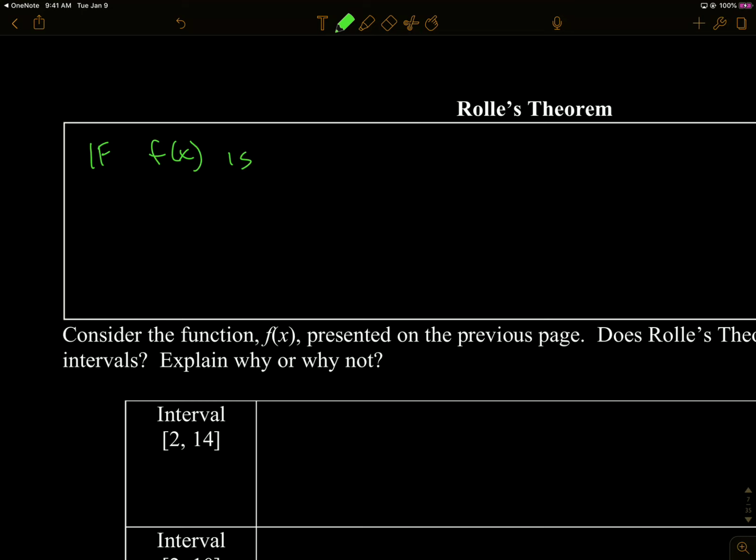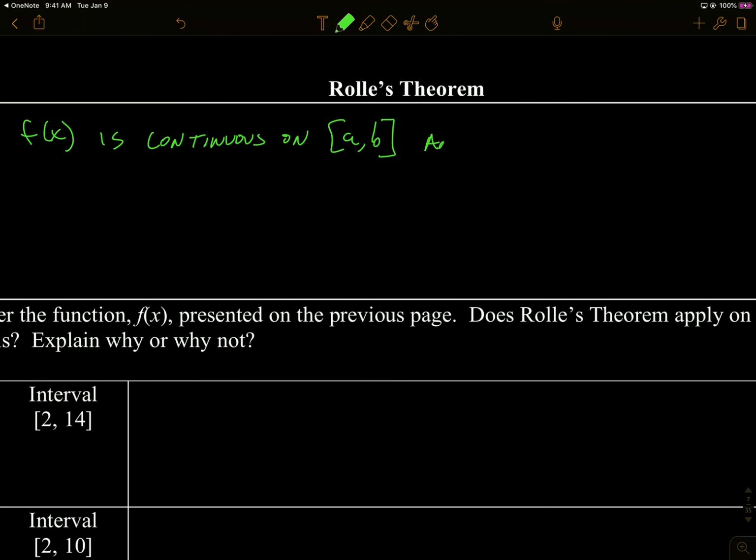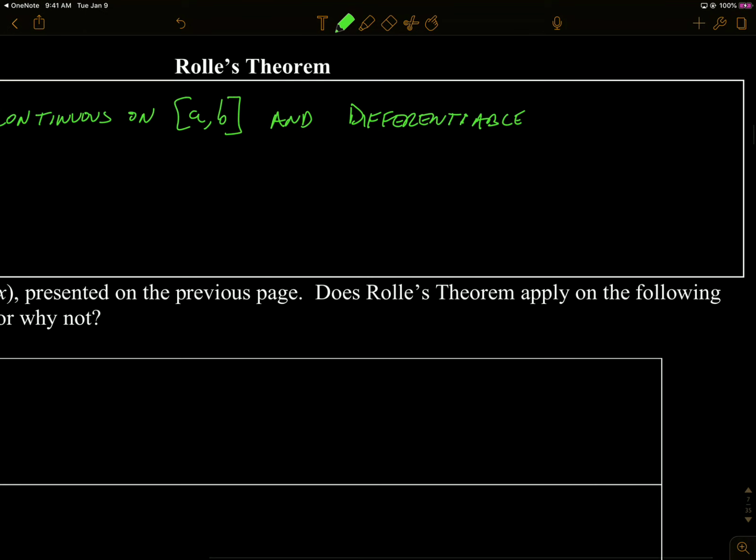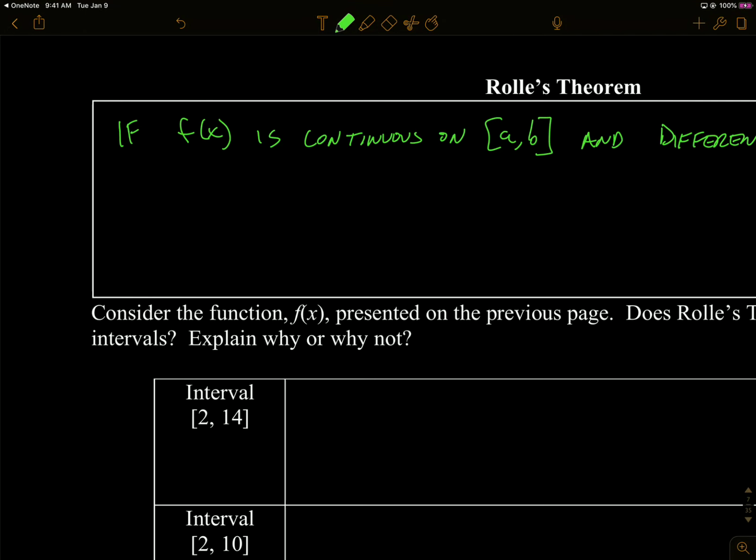So first of all, f of x has to be continuous on the closed interval, and it has to be differentiable on the open interval. If those two things happen, and so this has kind of 3 criteria to start off, and the y values of the endpoints are the same.